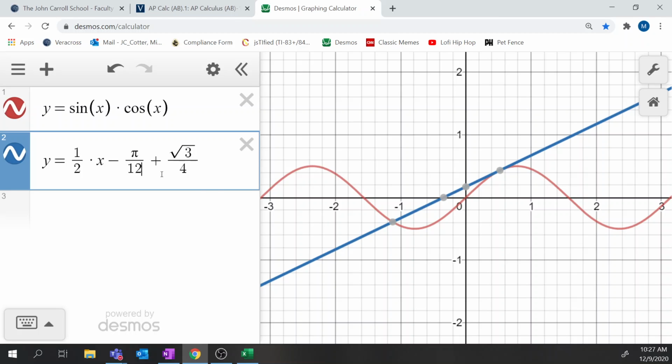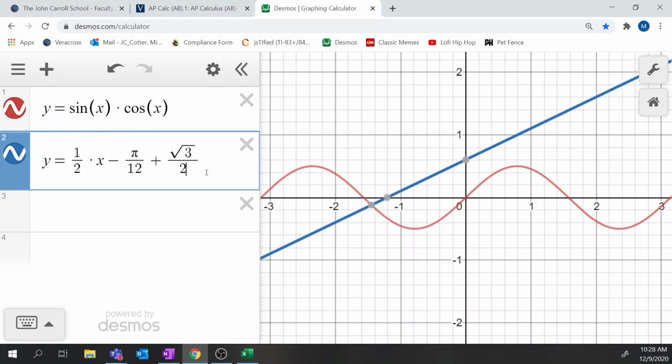Let's say you made an error, right? And you accidentally thought the derivative was 1/4. Or let's say you accidentally thought that the y value was root 3 over 2. So let's just say we have a mistake. Do you see how it's very clearly not the tangent line at pi over 6? So that would be a hint that you didn't get it.